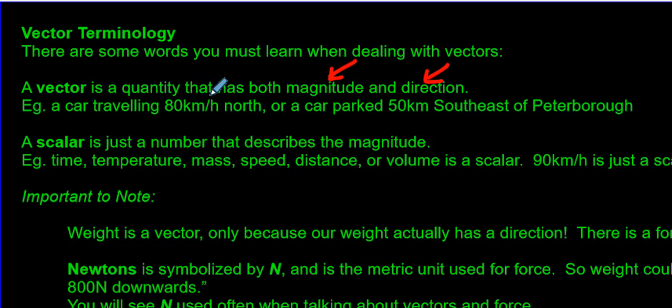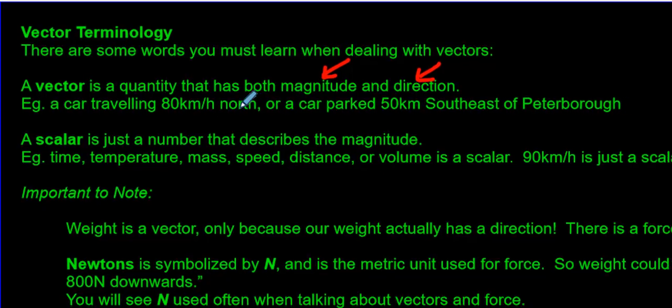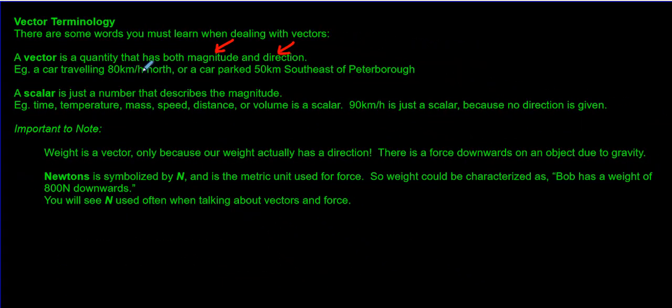So a car traveling 80 kilometers per hour north could be a vector. But if they just said a car is traveling 80 kilometers per hour and they didn't say what direction, that is not enough information for us to draw that out using an arrow. If it was traveling 80 kilometers per hour north, we could draw that and say that's 80 kilometers per hour. And then it has to be in the direction, and we usually call this direction north when we're heading straight up on a page. Okay?